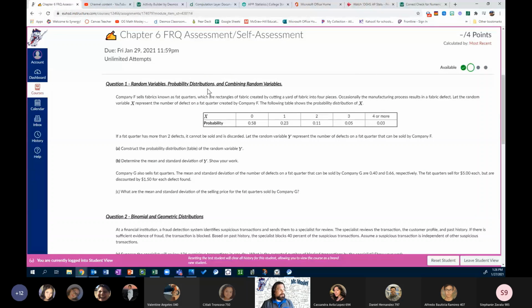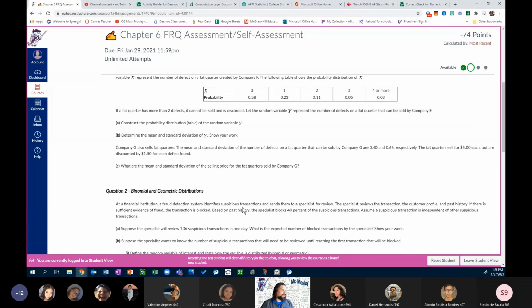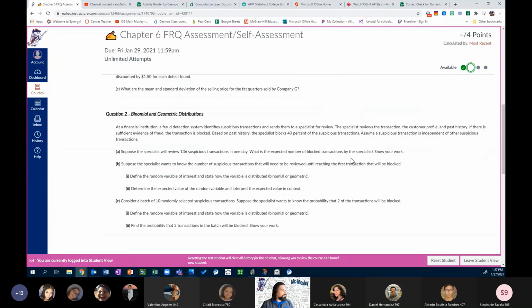There's one about random variables, probability distributions, and combining random variables, and another on binomial and geometric distributions. All right, so you must complete both of these problems. I highly suggest that you use a submission type that allows you to show your work and show your thinking so that if things are incorrect, I can give you valuable feedback based on the work that you've done. All right.